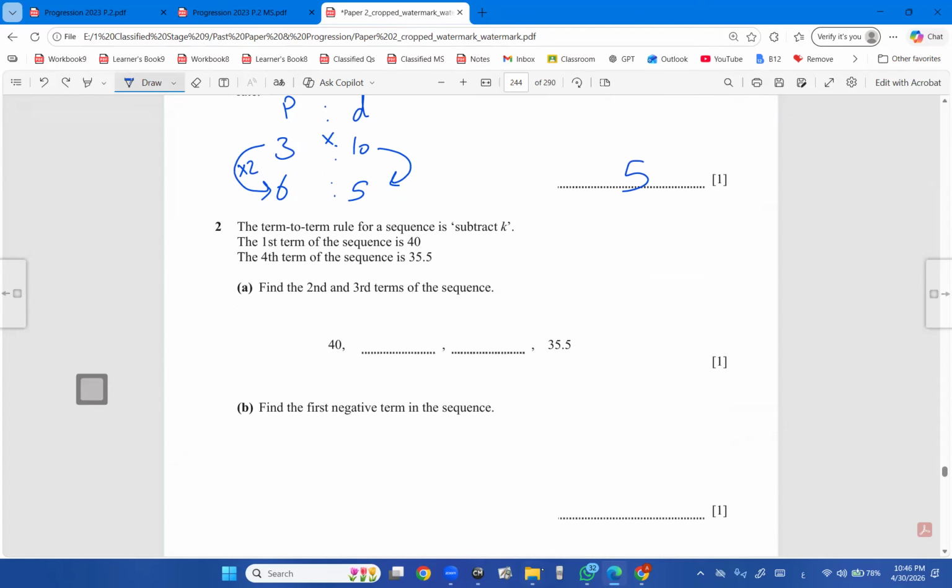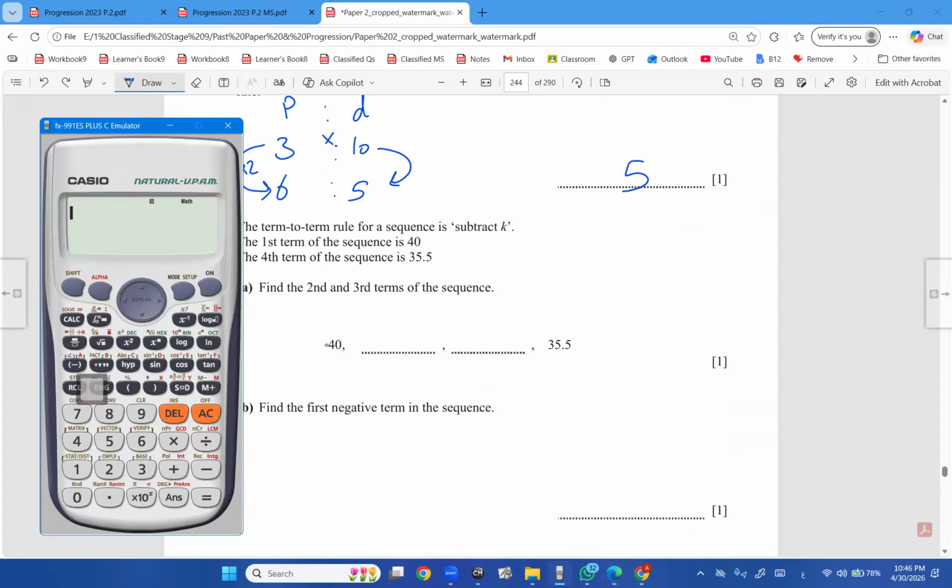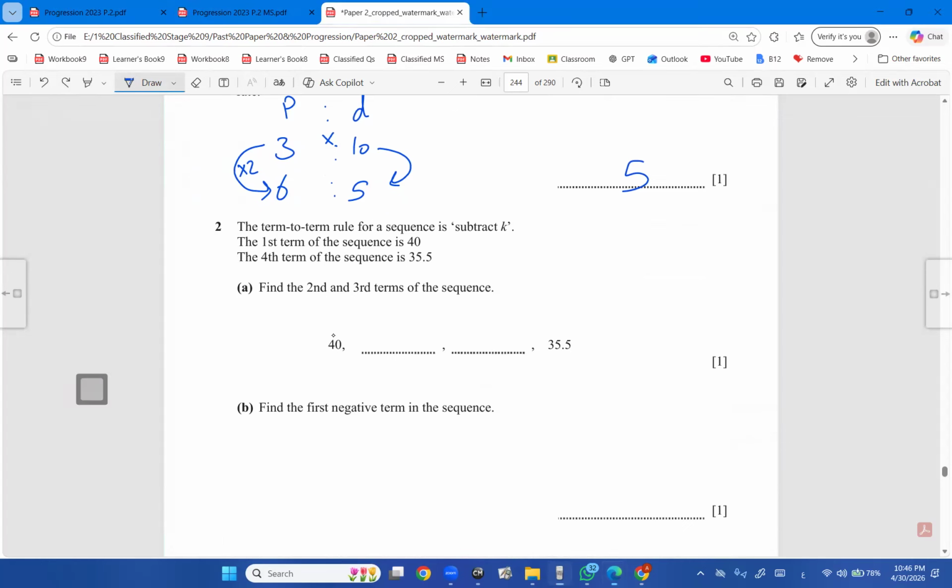Using your calculator, you notice that from 40 until 35.5 you subtract 4.5, but dividing this into three parts only, so it's minus 1.5, minus 1.5, minus 1.5.